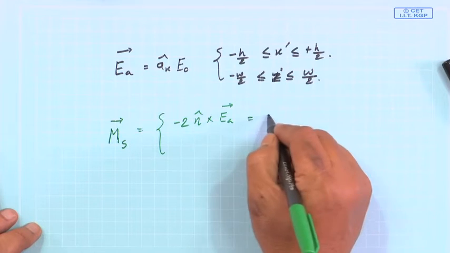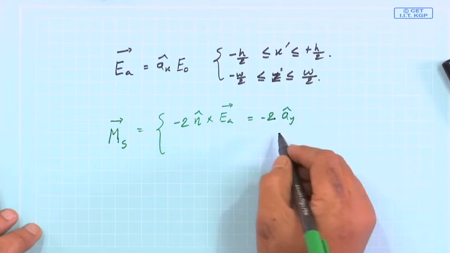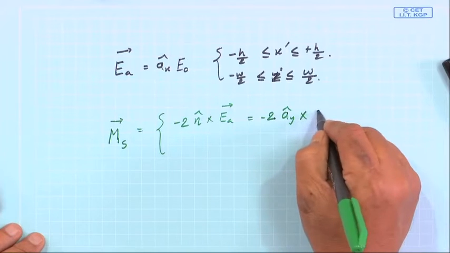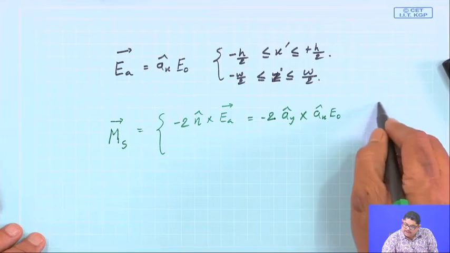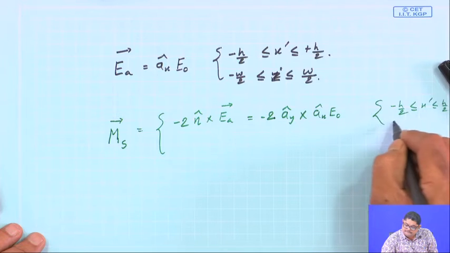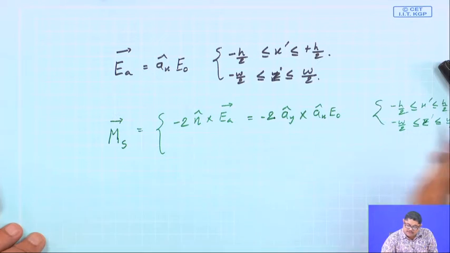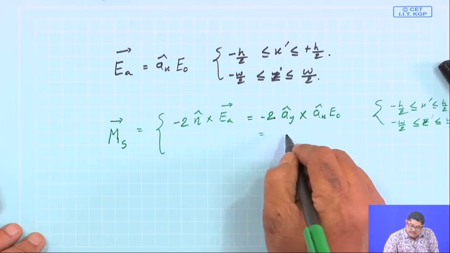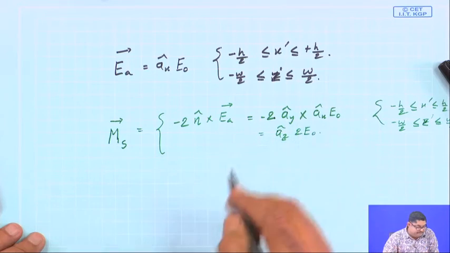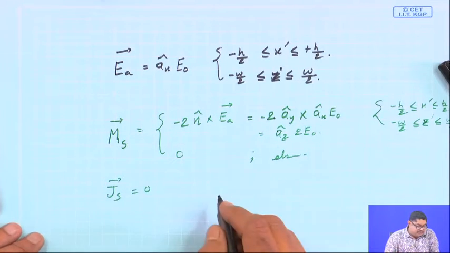Here n is Ay, so Ay cross Ea, which is Ax E naught, gives Az, so Ms is 2 E naught for minus h by 2 less than x dash less than h by 2 and minus w by 2 less than z dash less than w by 2, and 0 elsewhere. Js is 0.